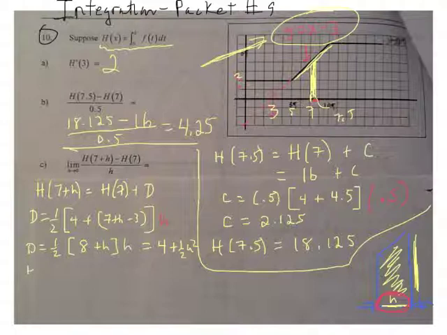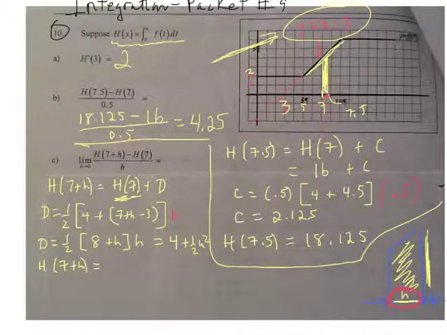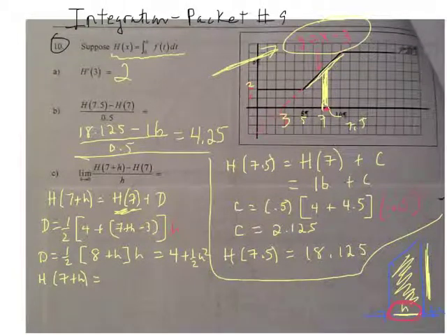So h of 7 plus h is h of 7, and h of 7 is 16. And then I have to have what d is. And you know what, I'm looking at this again. D really should be 4h plus 1/2 h squared.